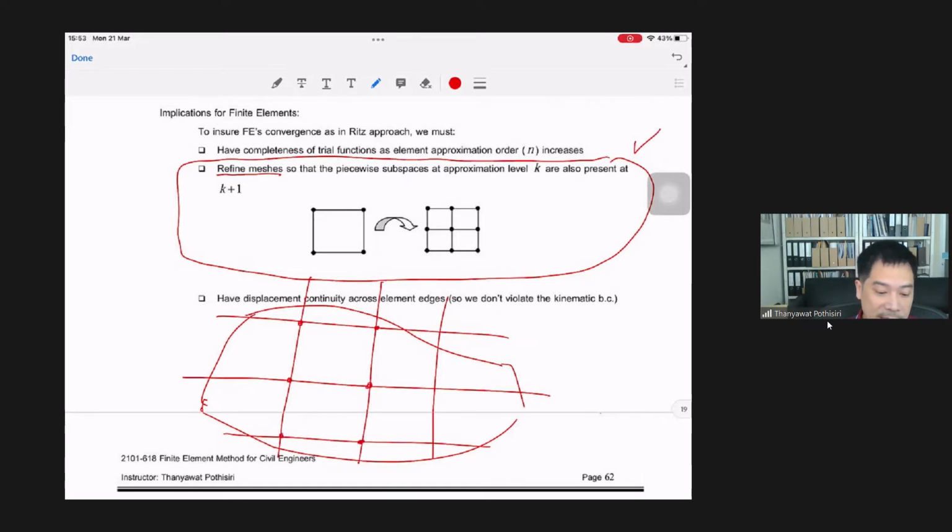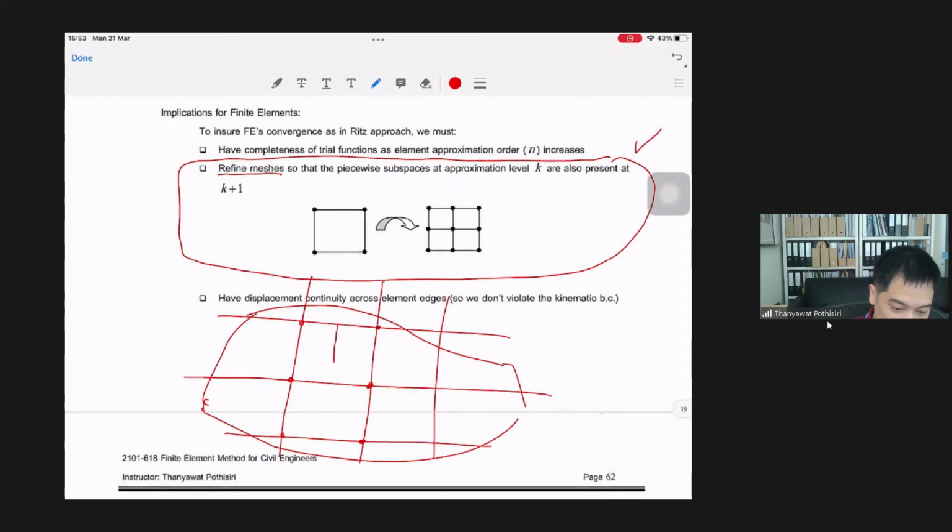What you want to do is, when you refine your mesh, you would like to refine based on what you have in the previous step. So you would always like to maintain the mesh in the previous step, and then keep refining from that. So you would have something like this when you refine your mesh.